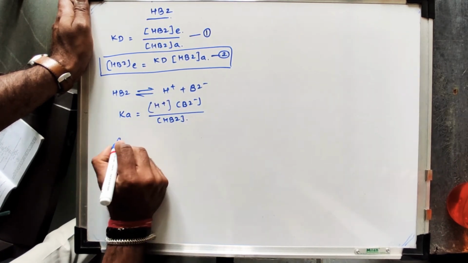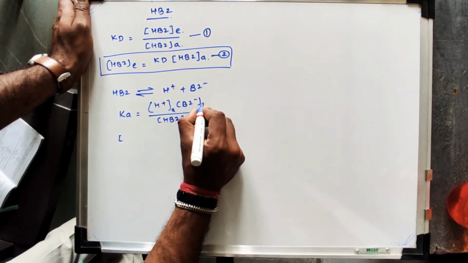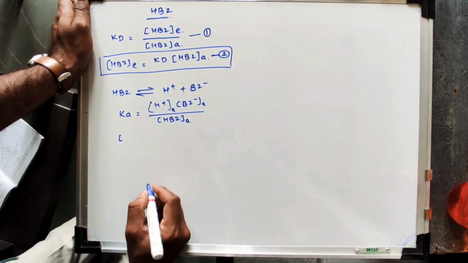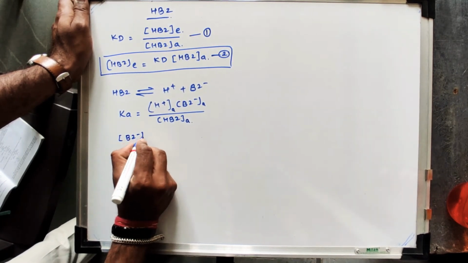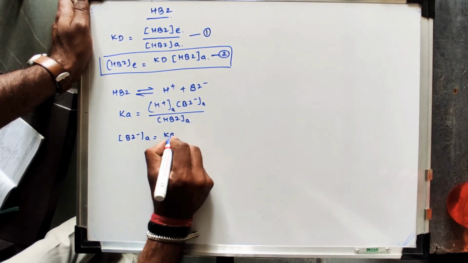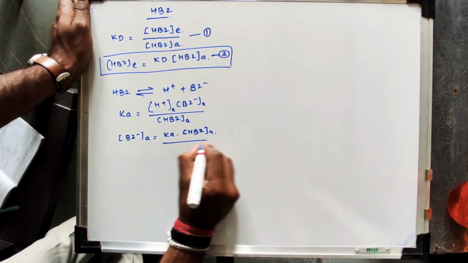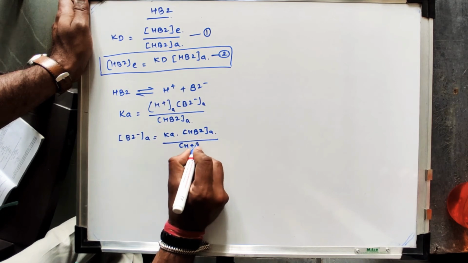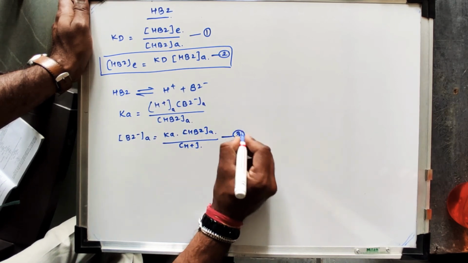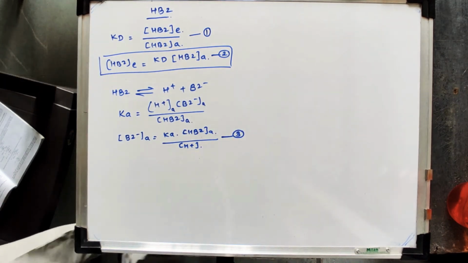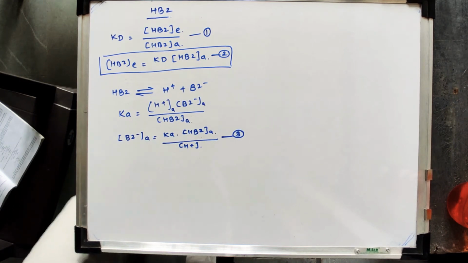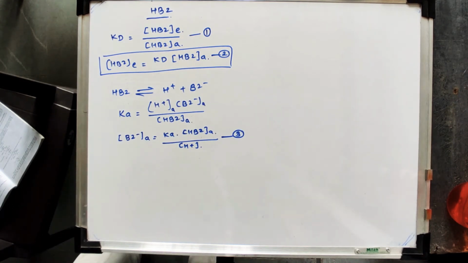From this relation, I can find Bz minus in the aqueous layer, which is equal to Ka into HBz in the aqueous layer divided by H plus. This is equation number 3. This is also important. We will use it in the next equation.